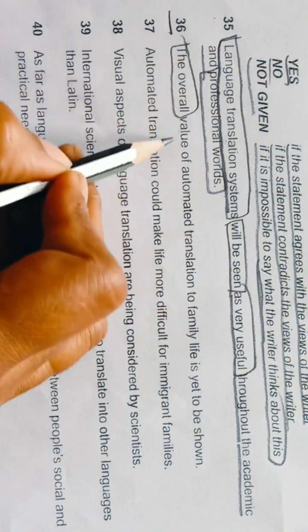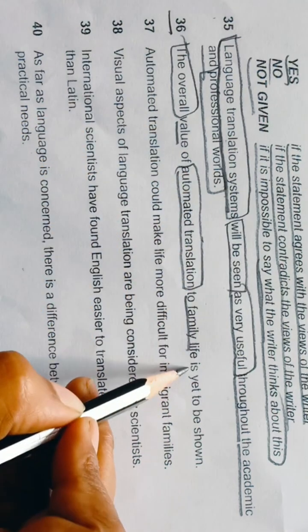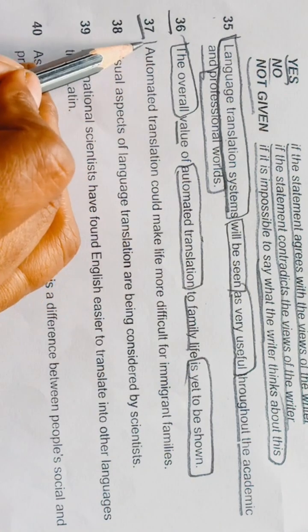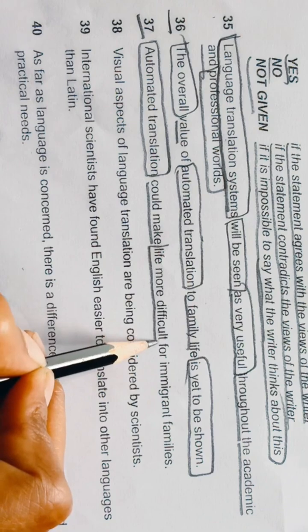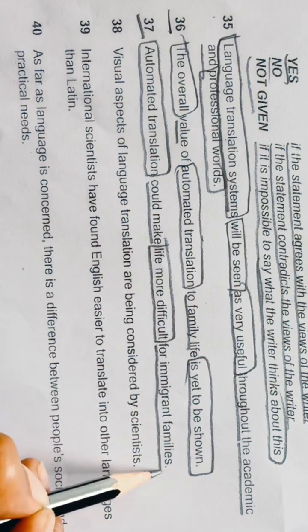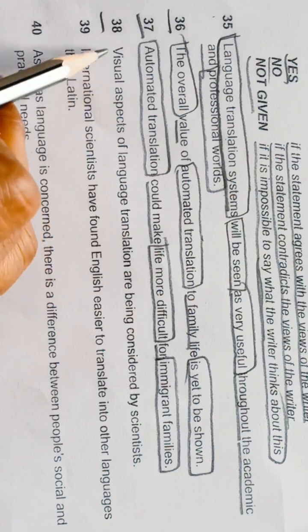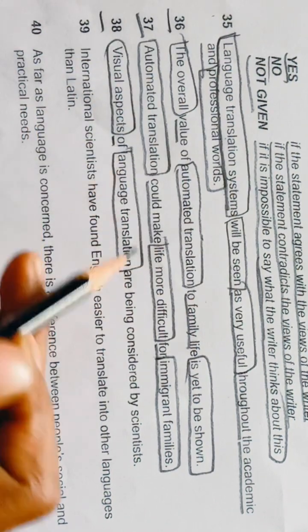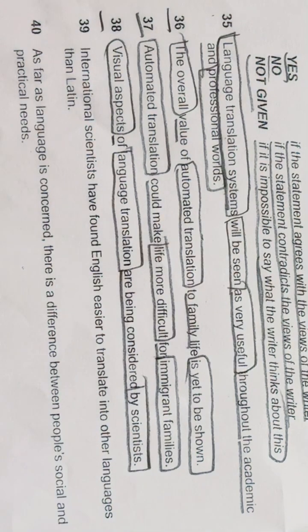The overall value of automated translation to family life is yet to be shown. 37. Automated translation could make life more difficult for immigrant families. 38. Visual aspects of language translation are being considered by scientists.